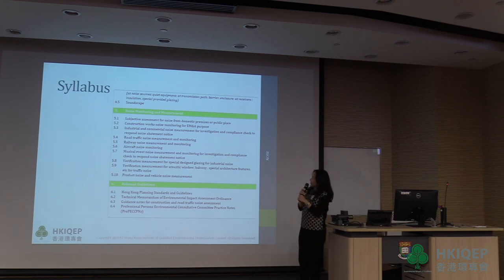The fifth part is on noise monitoring and measurement, which includes subjective assessment for noise from domestic premises or public space, and construction works noise monitoring for EM&A purposes. This includes very commonly used techniques we adopt in our day-to-day work when we need to do noise monitoring and measurement.